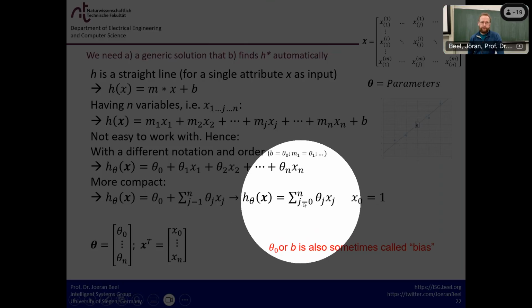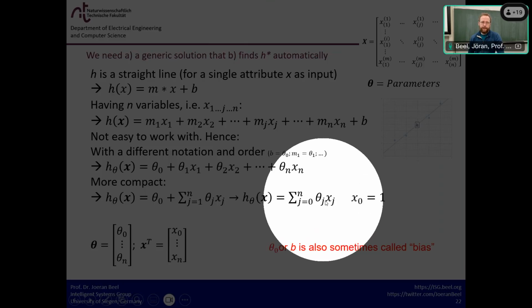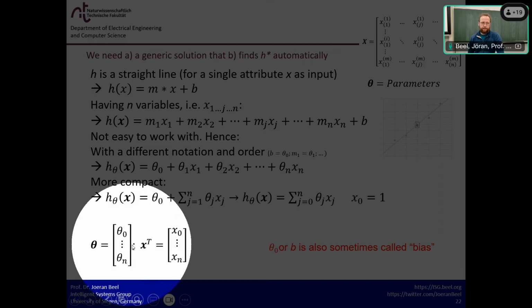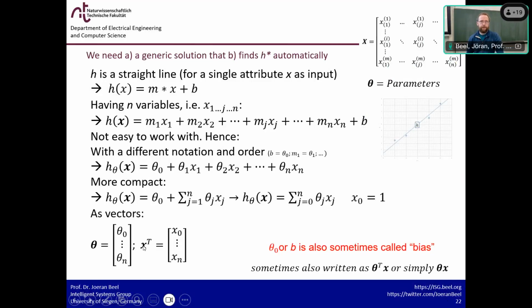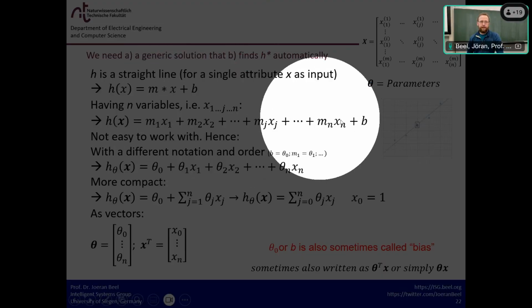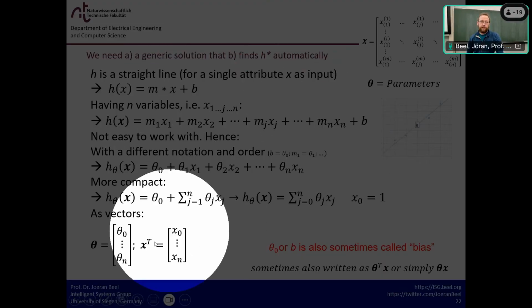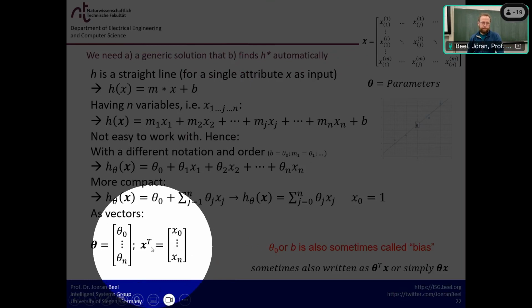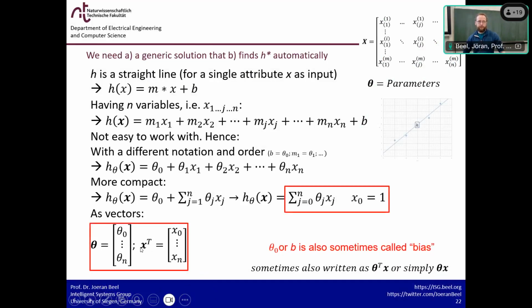And if we just have the sum of theta j times xj, we can write it as vectors. Now we have our linear model, originally notated as this, in a vector notation. And that will allow us a much better and easier calculation. So that's the red part here, the important part you must remember.